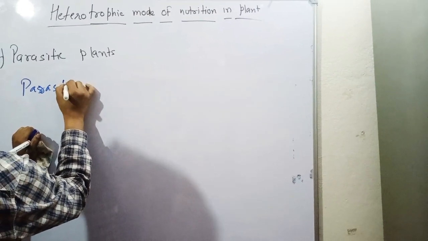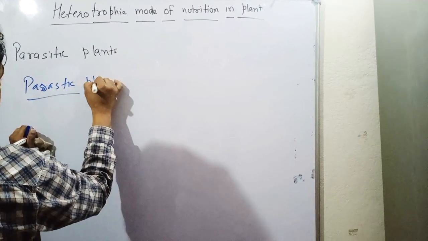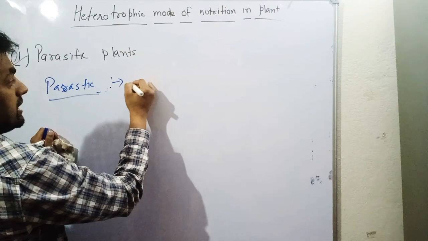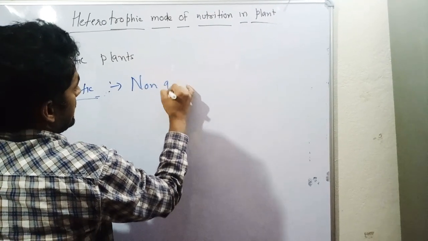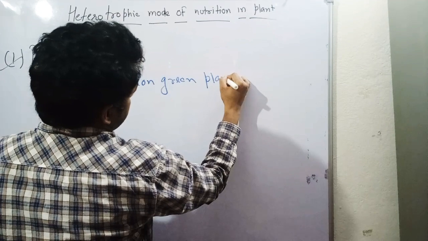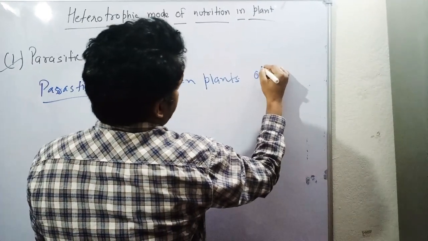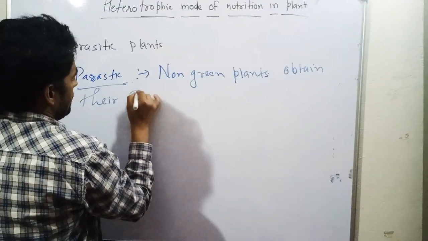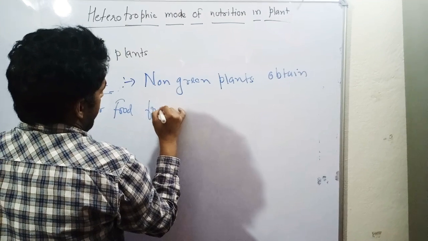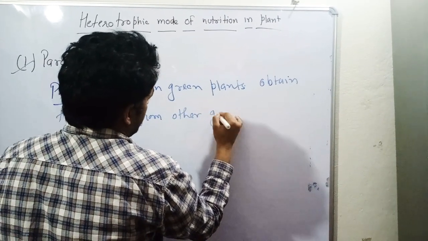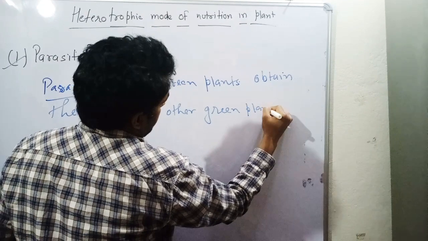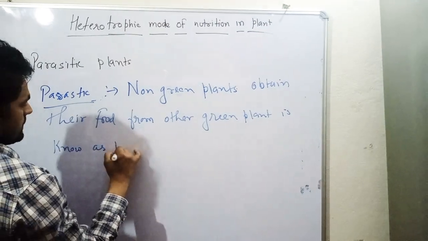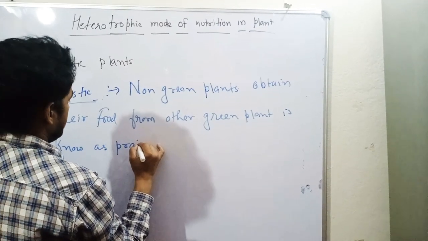Parasitic plant. What is a parasite? The living organisms that are non-green plants and obtain their food from other green plants are known as parasitic.